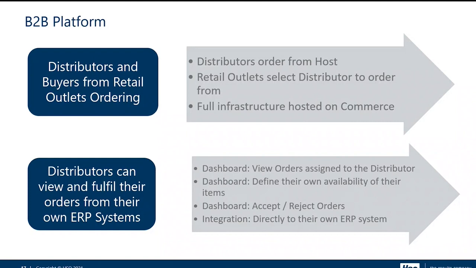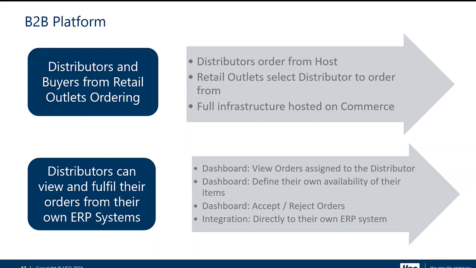So what this will do is allow your distributors and buyers from retail outlets ordering to come onto a B2B platform and a dashboard. So you can see the distributors will order direct from the host, being yourselves. The retail outlets select a distributor to order from, and this entire infrastructure is hosted on Commerce out of the box with configuration.